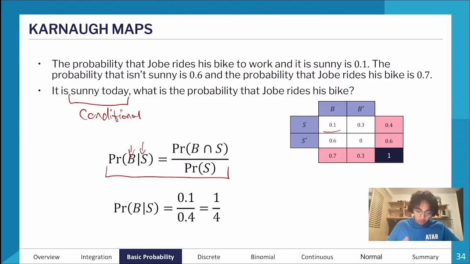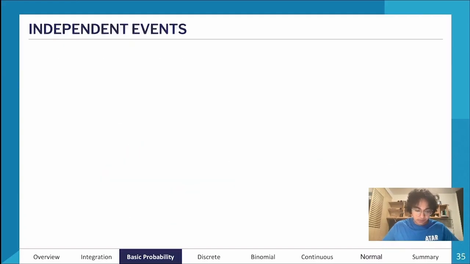On the top, we want the intersection between B and S, and I said that was 0.1, so we write 0.1. The probability that it's sunny is 0.4, and so simplifying it, we'll just get 1 on 4, or a quarter, or 0.25. But yeah, I've always found these tables super helpful for these conditional probability questions, mainly.